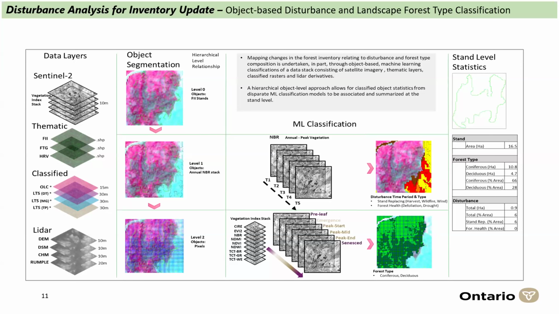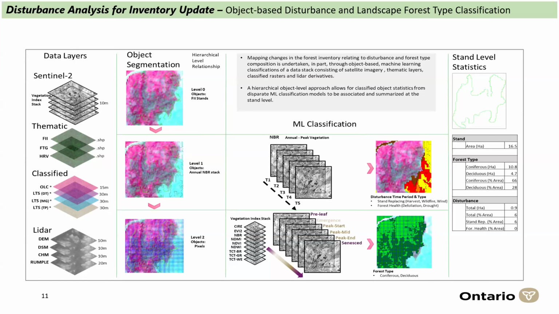And so these layers provide the basis for the two streams of the spectral side, which is running machine learning classification for disturbances, as well as assessment of composition.